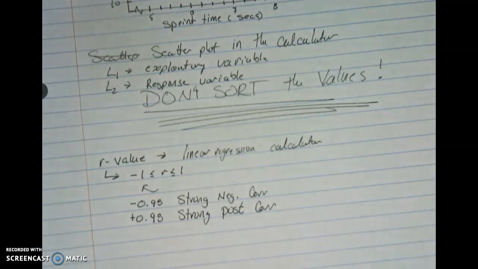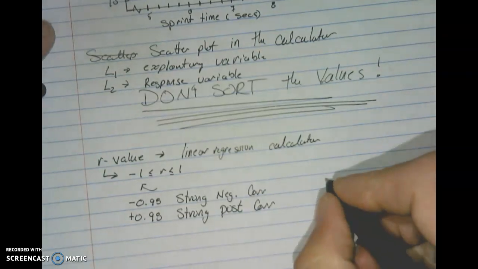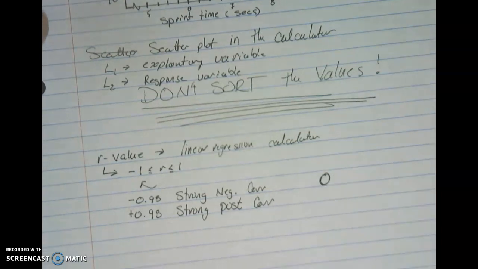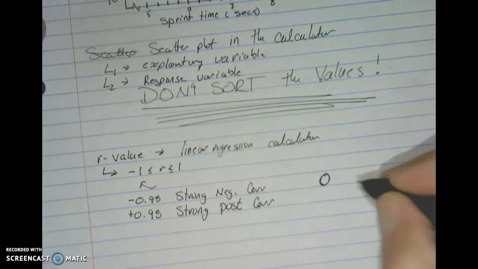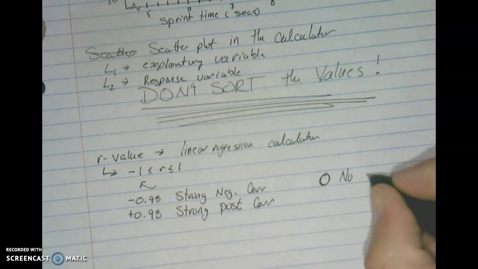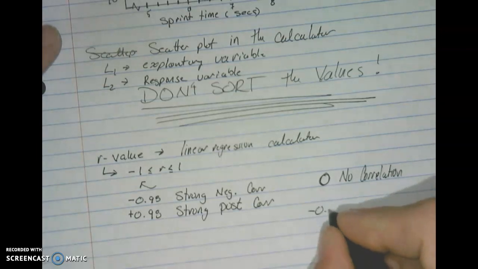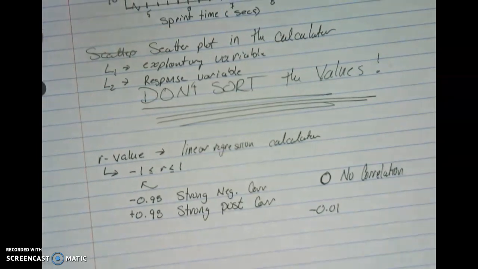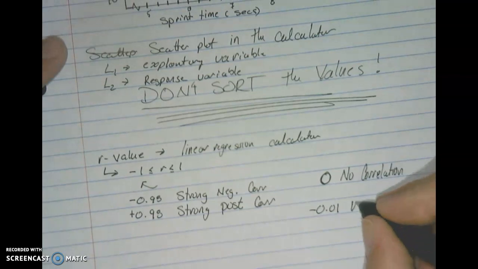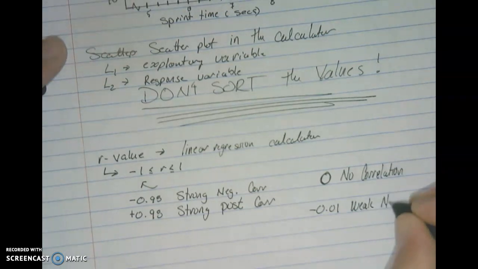And then, of course, we have that one thing that will stand out. If you get a 0, that's going to be no correlation. Even if you have a -0.01, this is still a weak negative correlation.